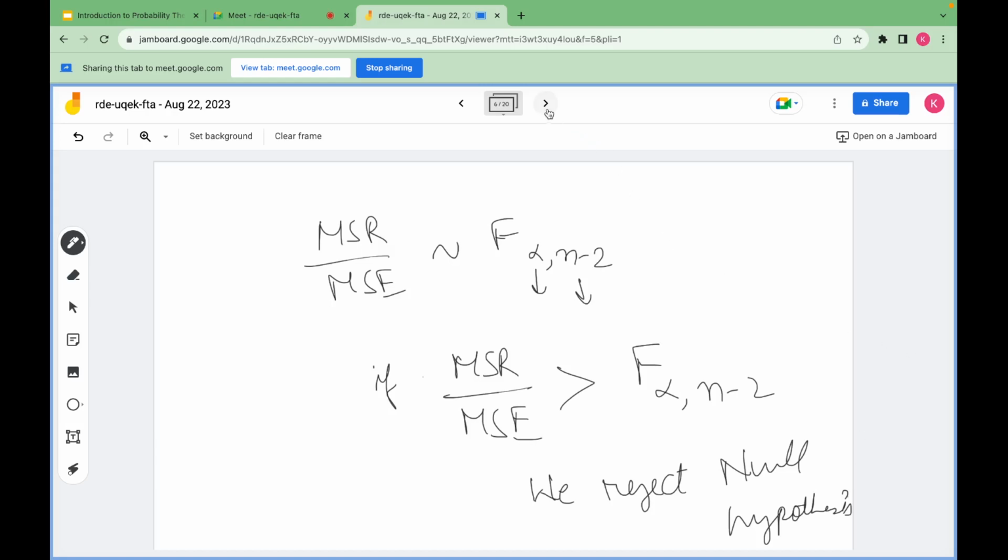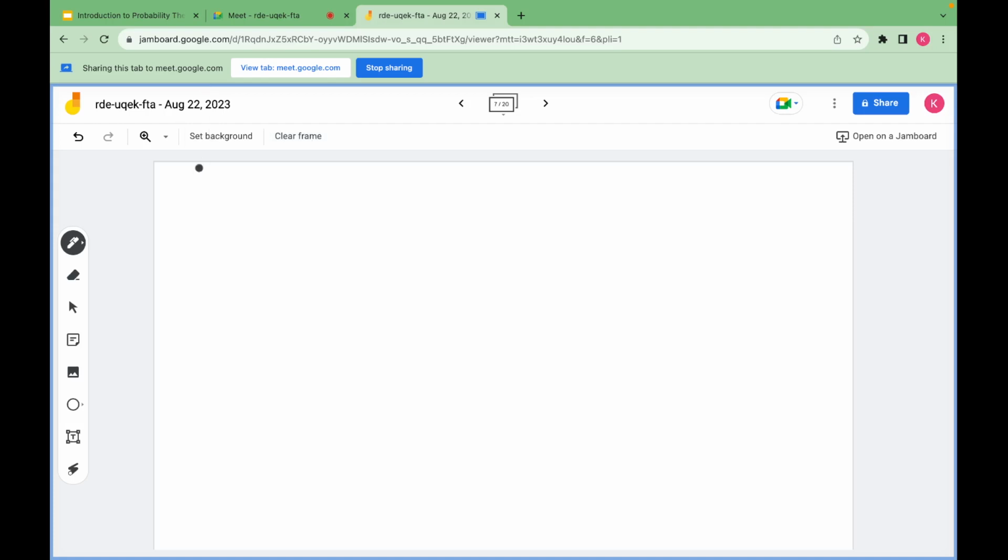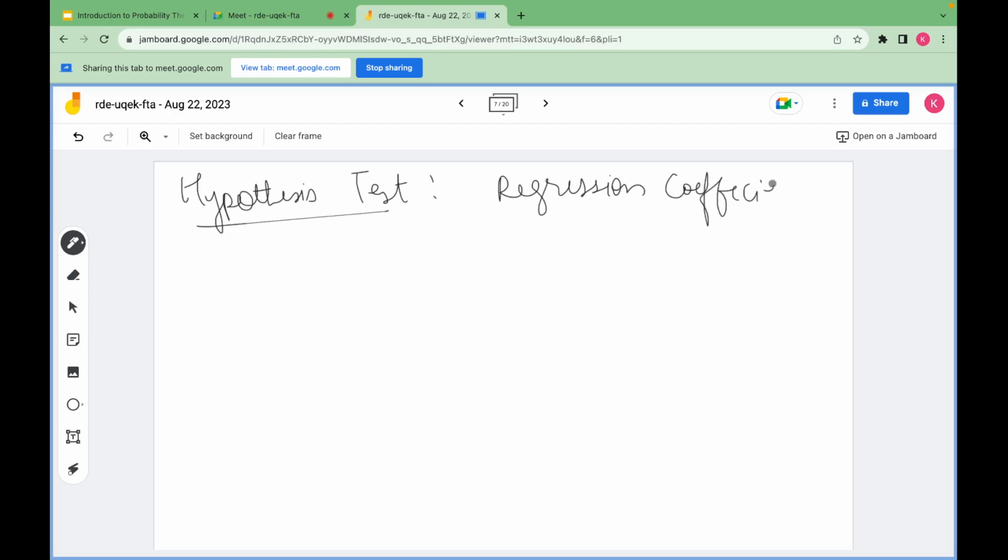Then another hypothesis test is for testing the regression coefficient. I didn't cover this in the examples. So for the regression coefficient, here we use the T statistics.